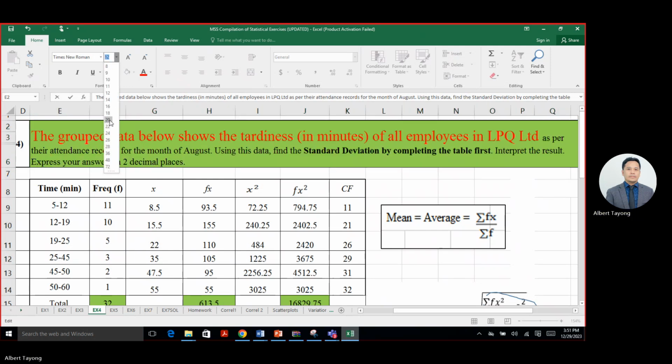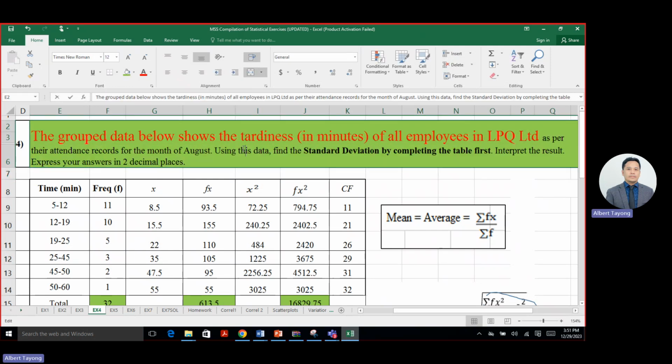tardiness. When you see tardiness in minutes of employees in LPQ Limited, tardiness means the number of minutes late. Tardy means late.